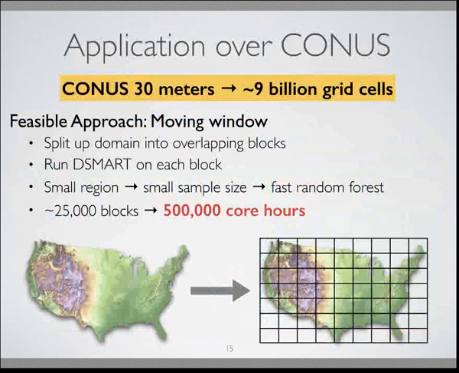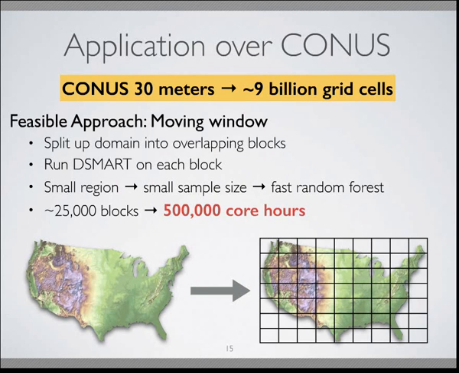And if you sit back and do the math really quickly, you realize that you're immediately working on roughly 9 billion grid cells. So from a computational perspective, that becomes a substantial challenge. If I try to directly fit a random forest or DSMART using the entire continent, even with high-performance computing, it becomes prohibitive very quickly.